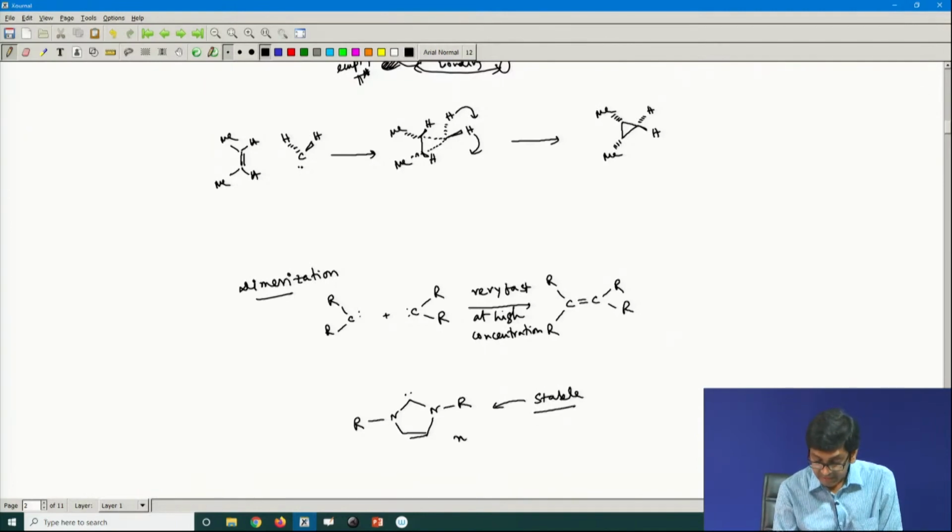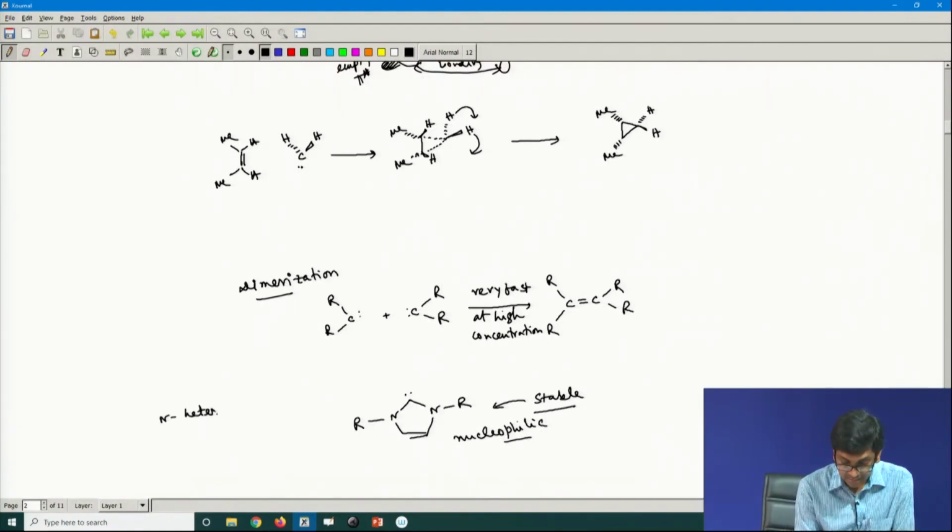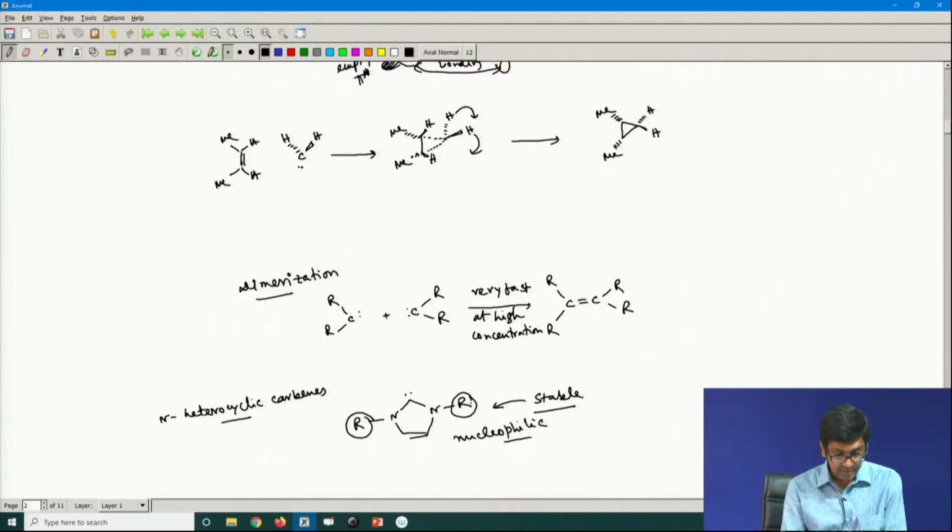And additionally they are nucleophilic in nature. This is a very particular characteristic for this type of N-heterocyclic carbene. Now, in these N-heterocyclic carbenes, the bulky substituents attached to the N center prevent such dimerization due to steric interactions.